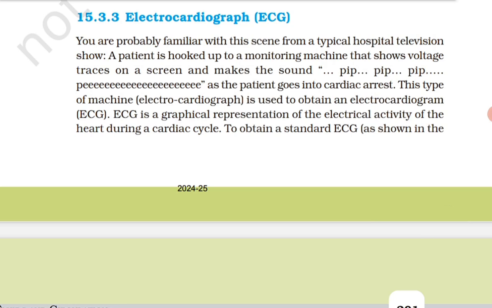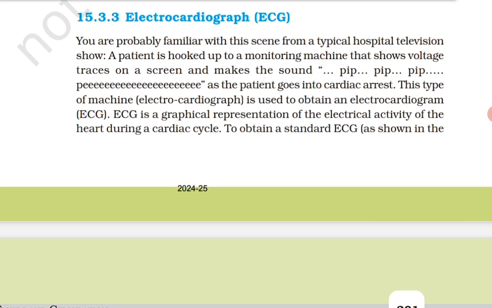During a cardiac cycle, each ventricle pumps out approximately 70 ml of blood, which is called the stroke volume. The stroke volume multiplied by the heart rate, that is number of beats per minute, gives out the cardiac output.